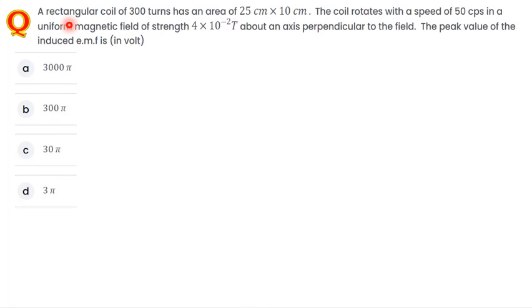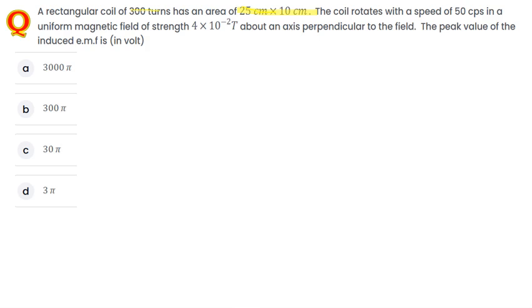Just go through the data, it is a simple one with a similar concept. A rectangular coil, see, till now we have seen a circular coil. This is a rectangular coil of 300 turns. I just mention here there are 300 turns, and the area of cross section they have given is length and breadth, that is 25 into 10 centimeter.